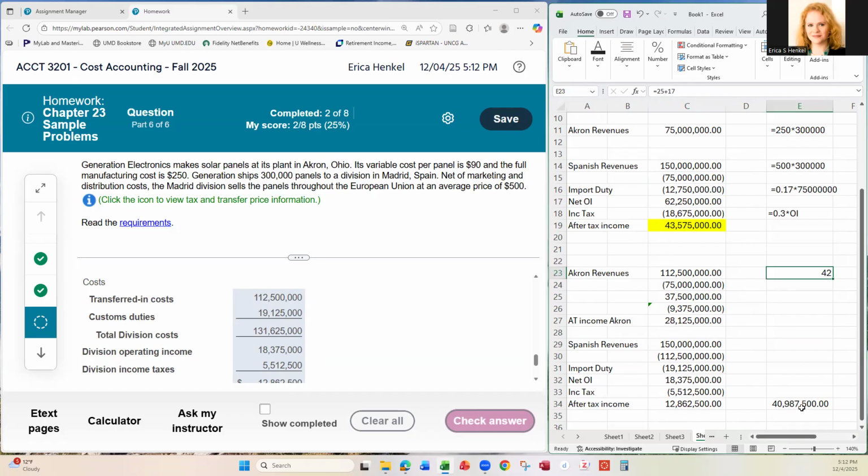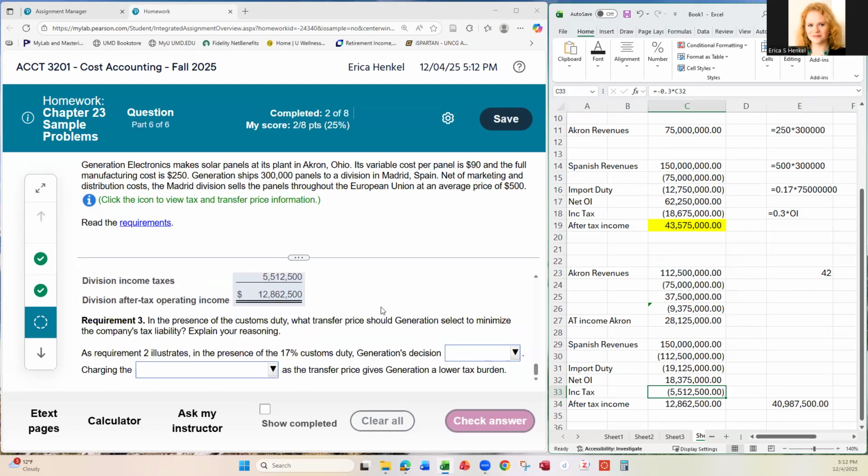So in total, our taxes when we have import duties end up being higher overall. The 30% income tax here would be less than paying the 25% plus the additional 17% of the transfer price here, which is not super intuitive. So you have to run the math on that.